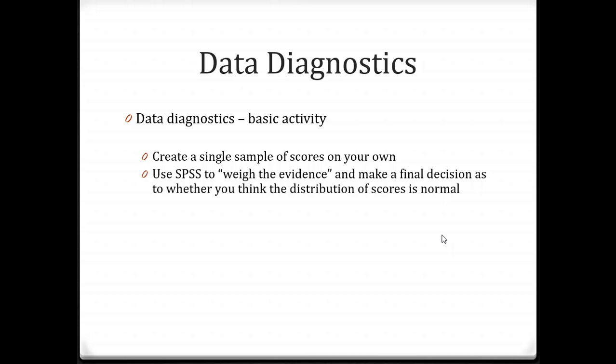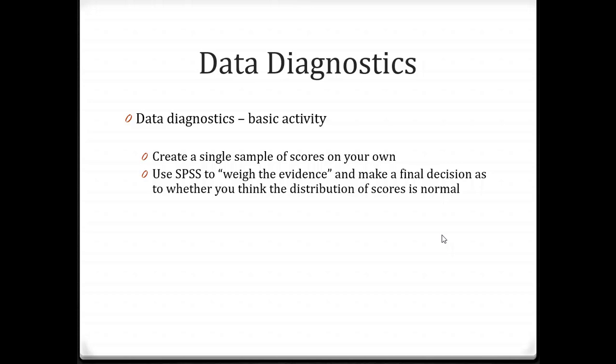You're going to generate your descriptive statistics using Analyze, Descriptive Statistics, Explore, making sure that you check the histogram and the normality plots with tests. Then you're going to look at all of these pieces. Look at the histogram, make a decision. Look at the QQ plot, make a decision. Compute your z-skew value and compare it to 3.29, make a decision.